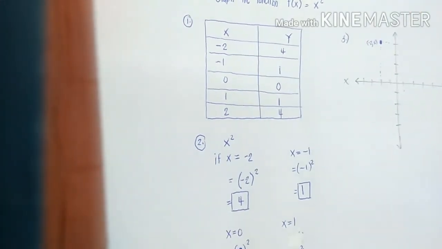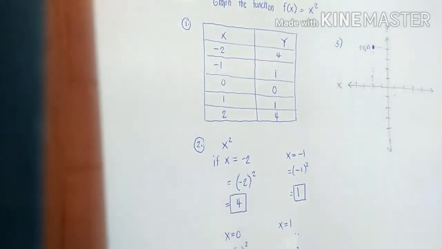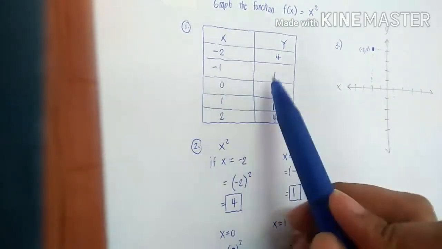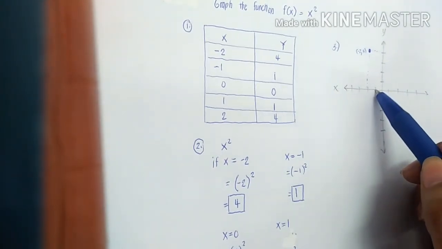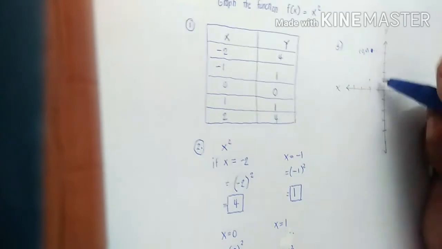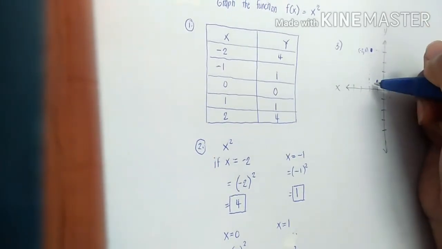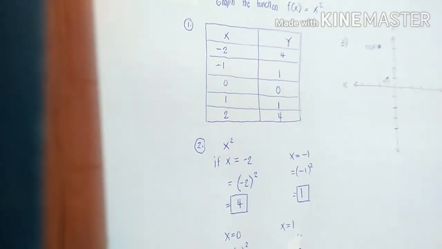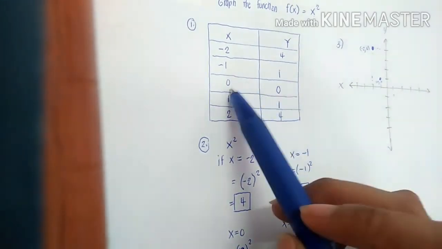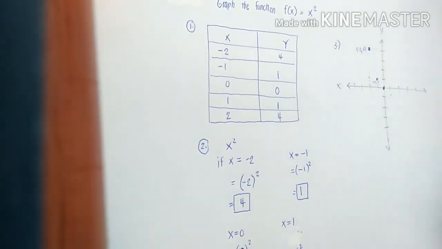Got it? Next, negative 1 and 1. Same, x negative 1 and y positive 1. Next, 0 and 0, in the origin.